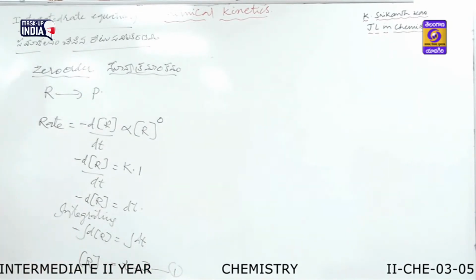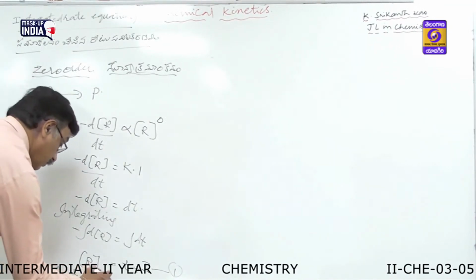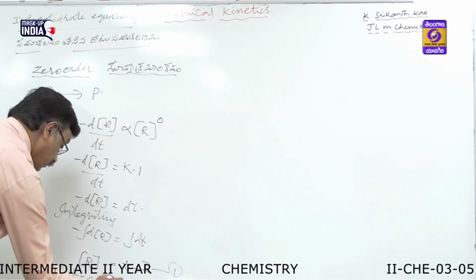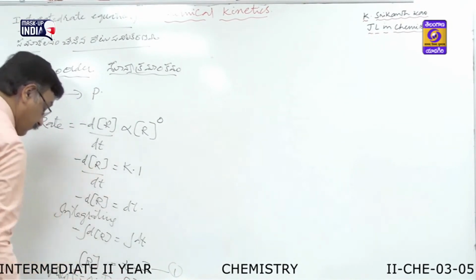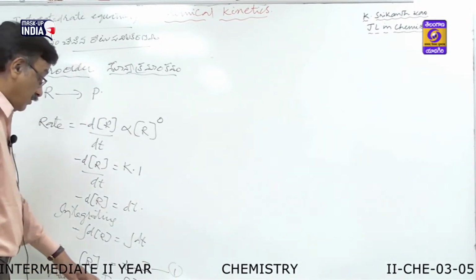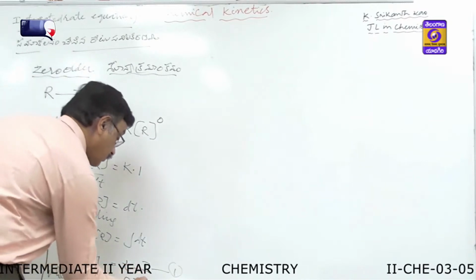A constant will come when you do the integration, that is I. So when t equal to 0, I equal to R naught, that at time t = 0 the concentration is R naught, right? So this is equation 2.